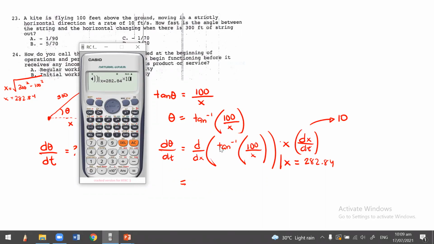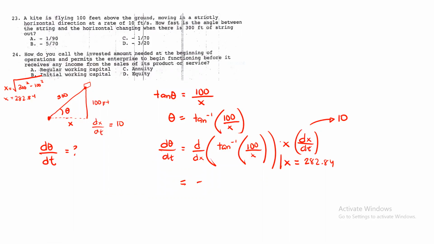Syempre, di ba, derivative ng x with respect to time pa, kasi with respect to time yung angle natin eh. So, negative 0.011. Itong negative 0.011 equal yan sa negative 1 over 90. So, ito yung sagot. Letter A.